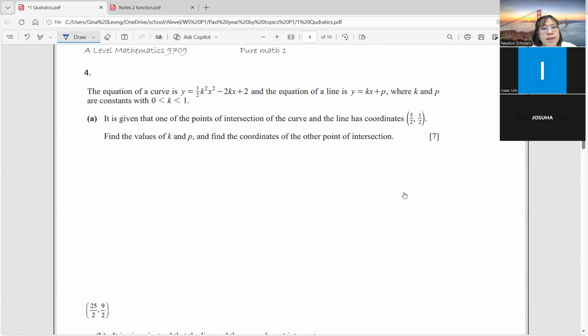Okay, so he said that it's given one of the points for the intersection. One point for the intersection, this one. Find the value of k and p and find the coordinates for the other point. So what should we do now? For this question, we already have my equation 1 and my equation 2.